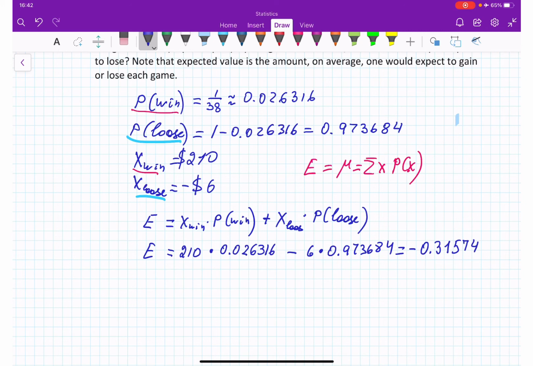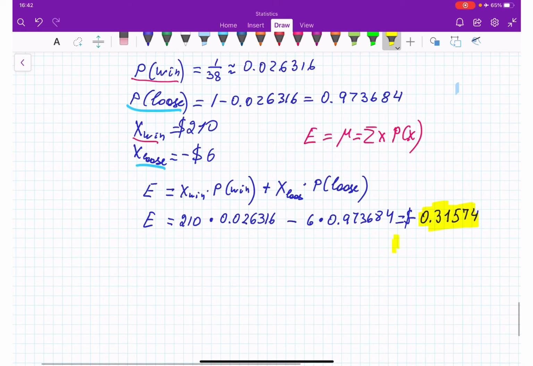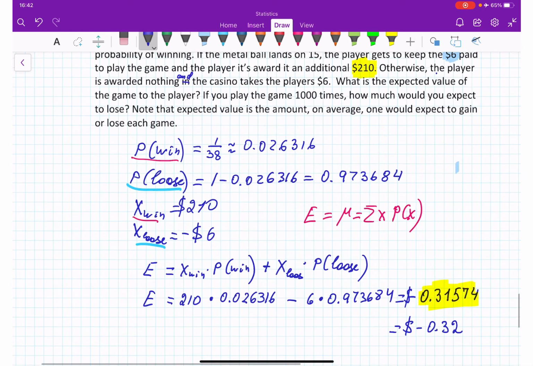Okay, this is the first answer. The expected value is negative 0.31574. If we round it up, it's going to be negative 0.32.